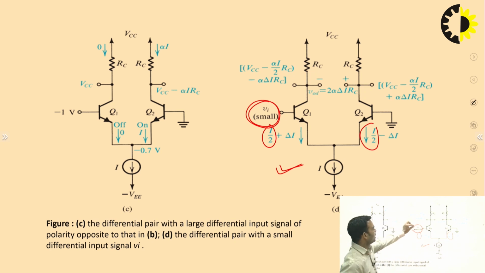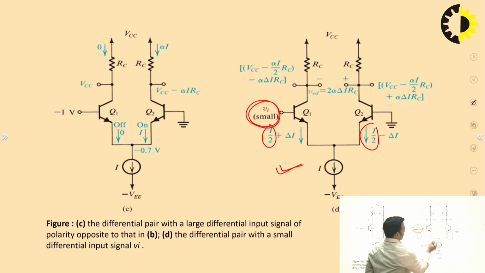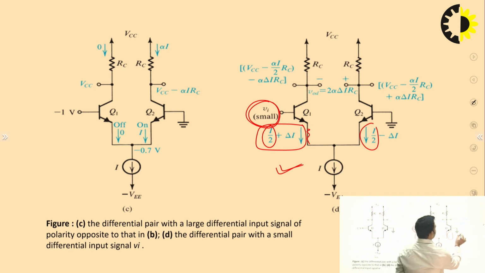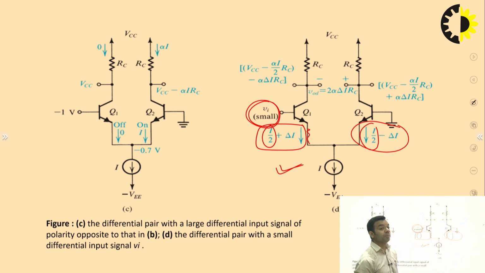If we have applied Vi voltage, then it will draw more current, and the current which is flowing in the emitter of Q1 will be equal to I/2 plus delta I. Obviously, the current which is flowing in the emitter of Q2 will be equal to I/2 minus delta I. Why? Because total current is I.